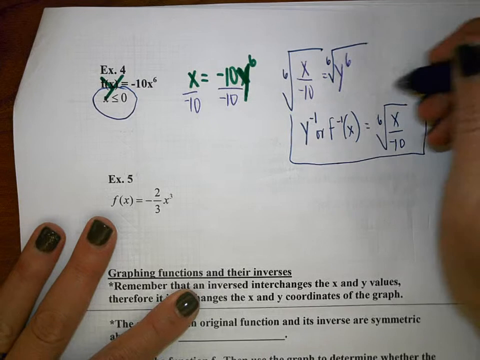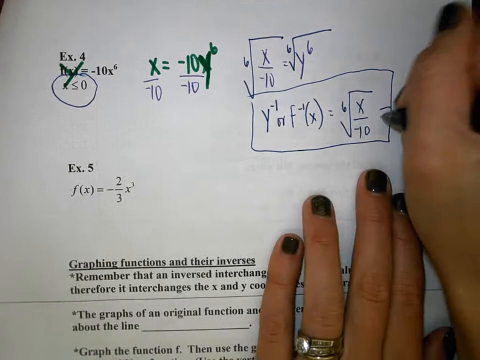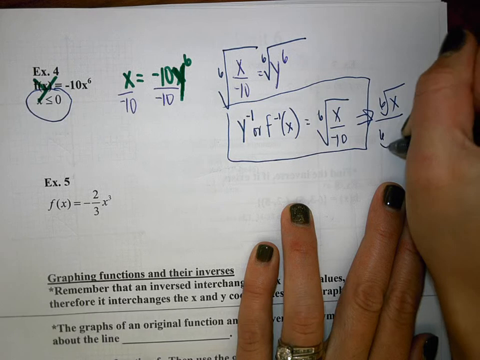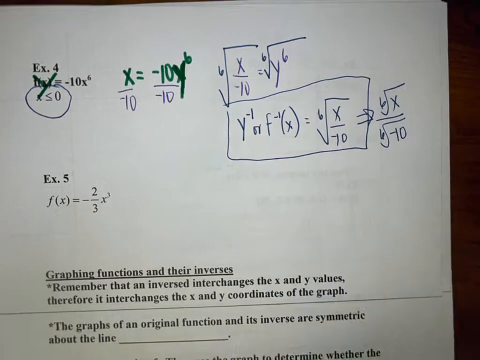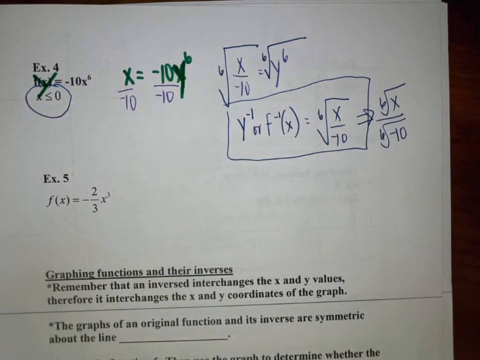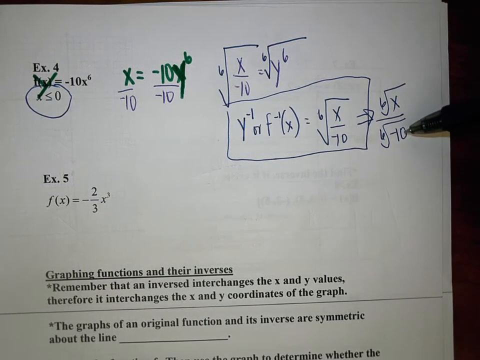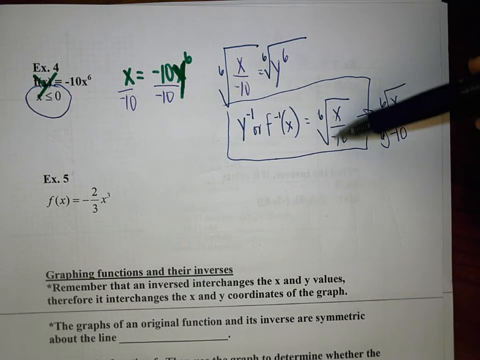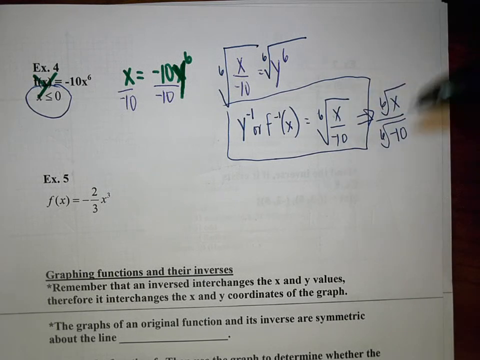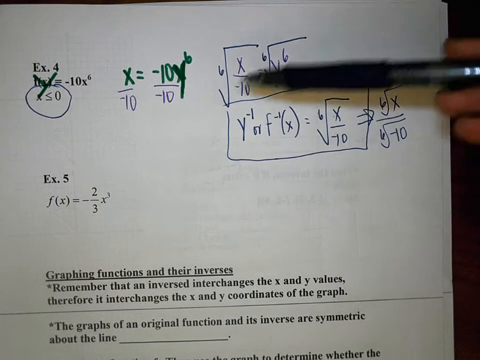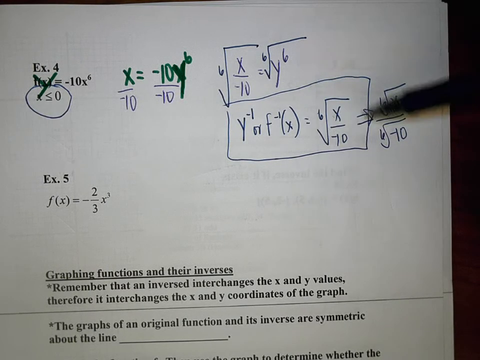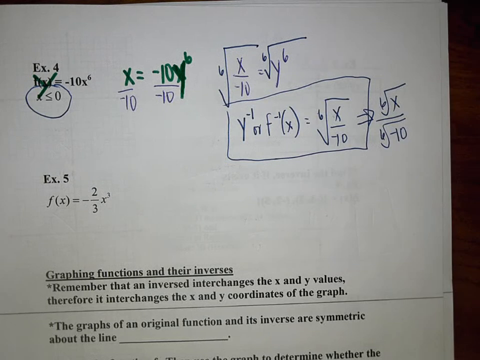Some of you might be saying, wait, this really means the 6th root of x over the 6th root of negative 10. The reason that we are not going to worry about the root in the denominator right now is that we need the negative value here to make these two negatives positive. So for this homework assignment and for these problems, you can just leave the 6th root over the entire thing and not worry about the roots in the bottom.